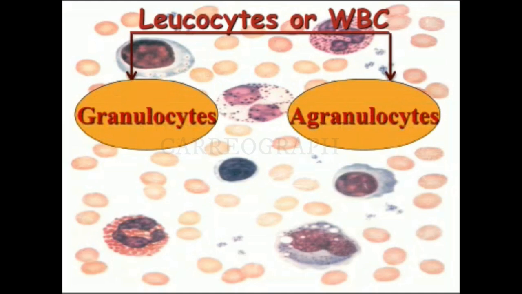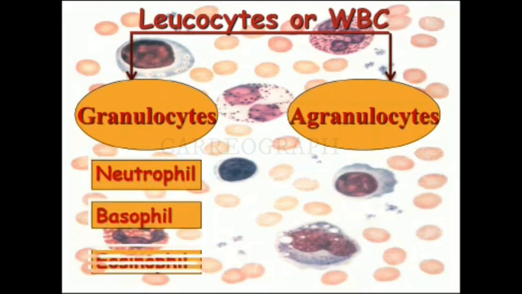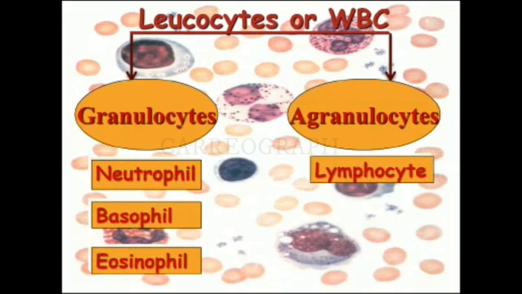Granulocytes contain granules, and agranulocytes do not have granules. Granulocytes are further classified into neutrophils, basophils as well as eosinophils, whereas agranulocytes are classified into lymphocytes and monocytes. So friends, you have seen that WBCs are classified into 5 types of cells: neutrophils, basophils, eosinophils, lymphocytes and monocytes.